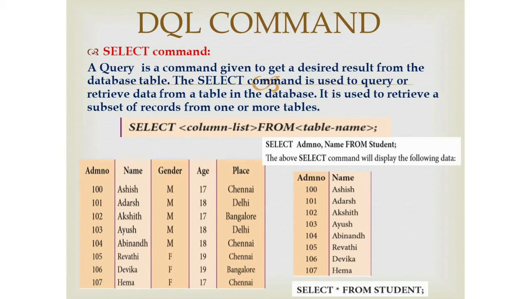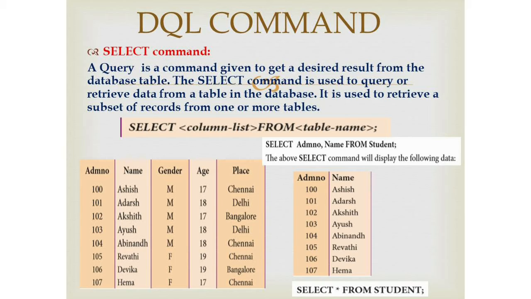The select command is used to query or retrieve data from a table in a database. It is used to retrieve a subset of records from one or more tables. From the table, the records you retrieve can create another table. That is a subset.